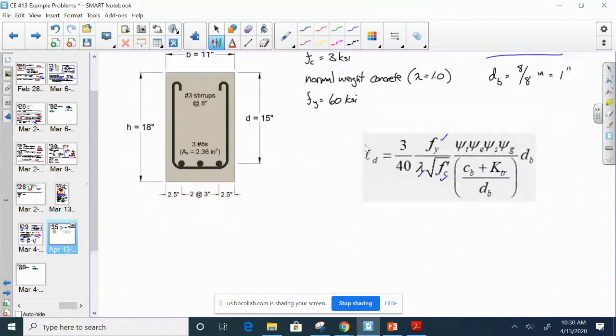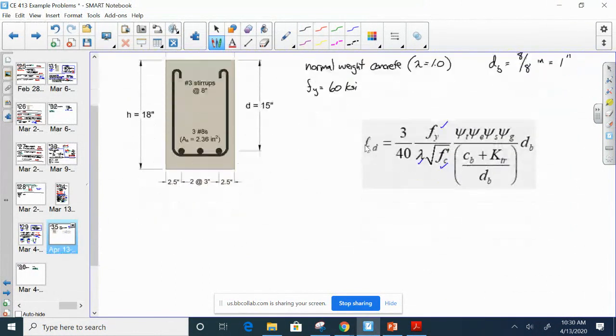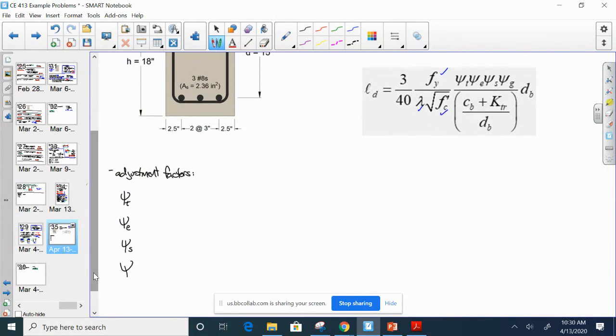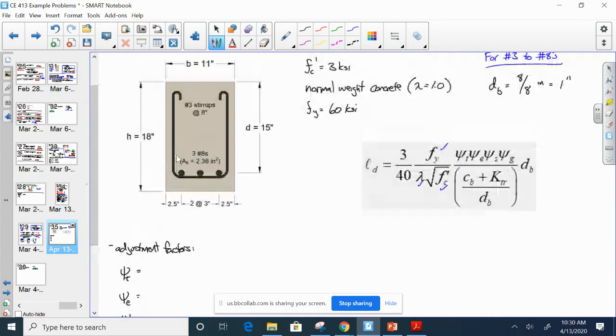Okay, so let's look at our adjustment factors. I'm getting ahead of myself. So we have a psi T, a psi E, a psi S, and a psi G. Let's take each of these one at a time.